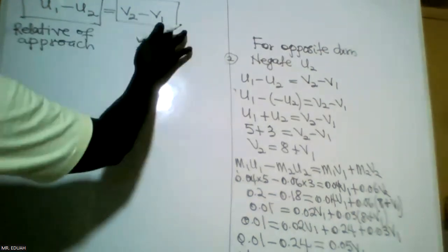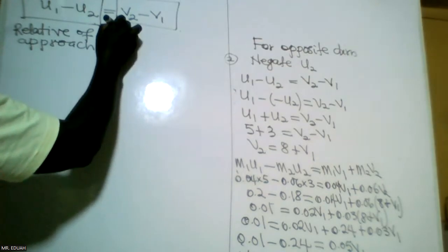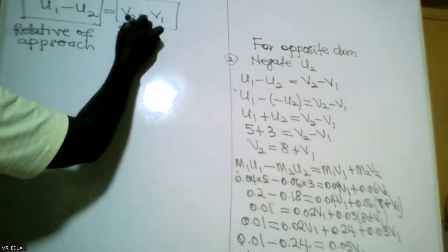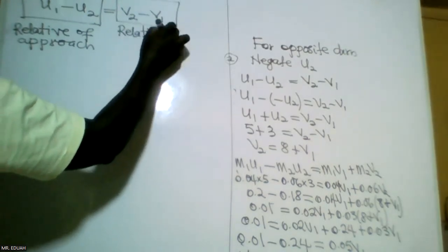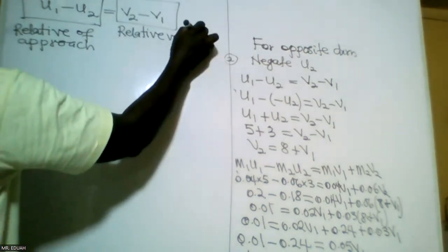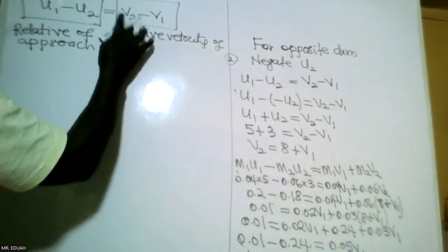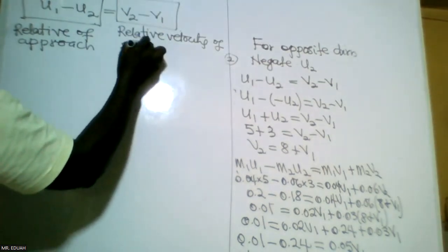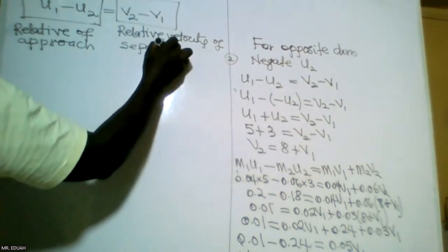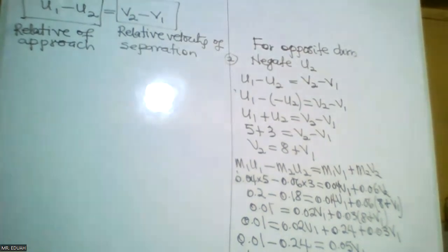And since these are final velocities, we are calling this the relative velocity of separation. When they separate, they are final velocities. So that's the name given to this side.